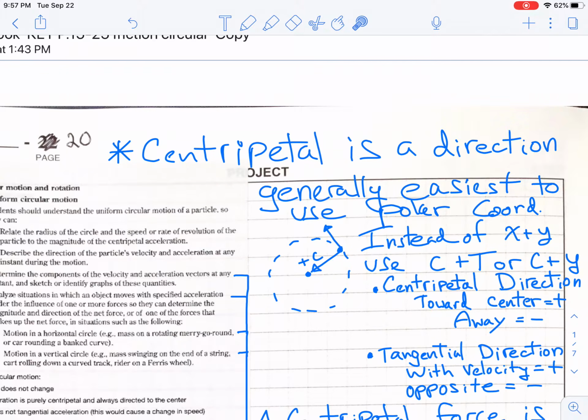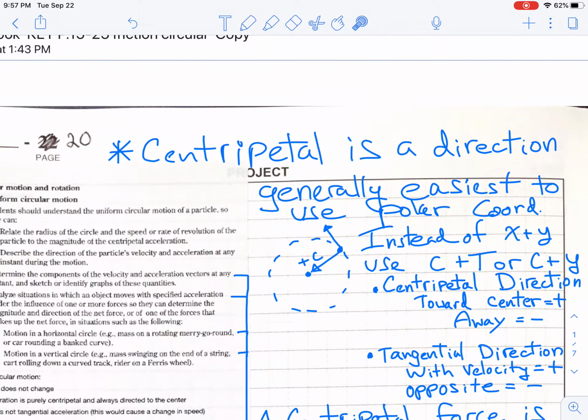Centripetal direction will always point towards the center, and I always call towards the center positive. Away from the center is going to be negative. The tangential direction, usually it's easiest to call with the velocity positive and against the velocity negative. If you're going to speed up as you go around the circle, your tangential acceleration would be positive, with the velocity.